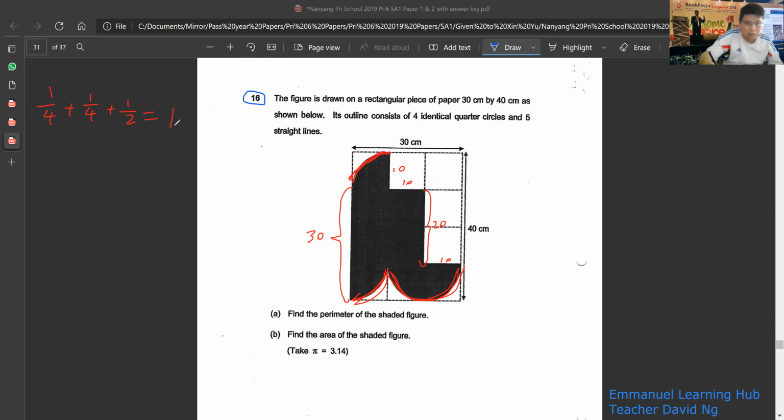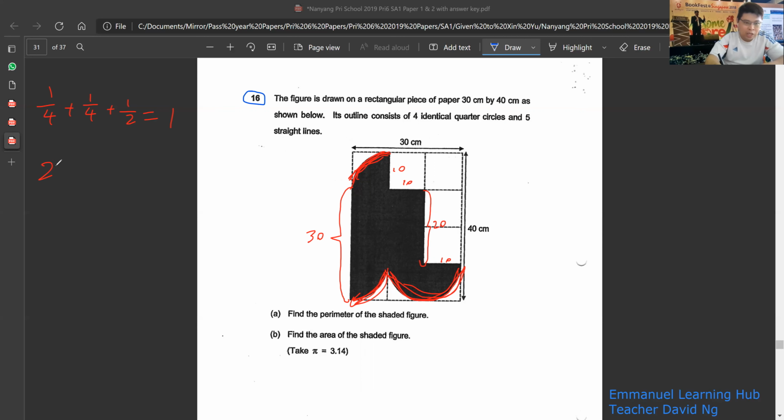You notice that I just need to find the circumference that will cover all the circle parts of the perimeter. Then I already got all this measurement here. This 20, this 30, this 10, this 10, this 10. So no problem finding perimeter now, right?